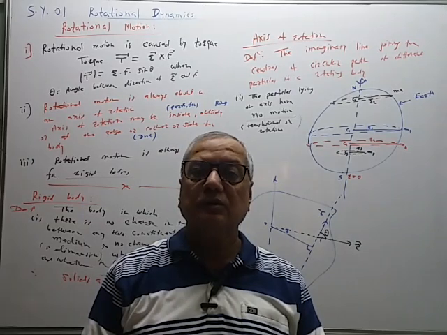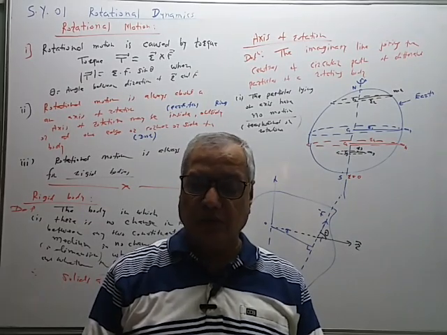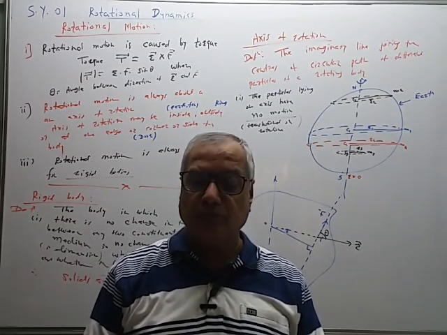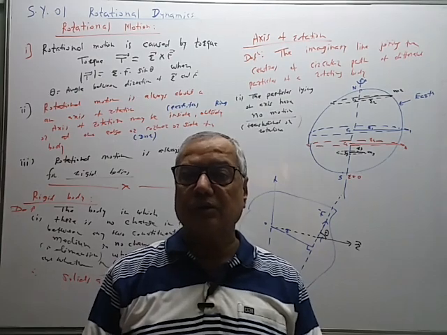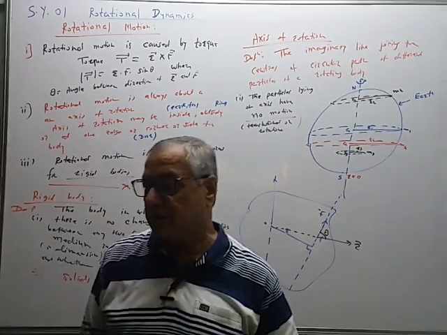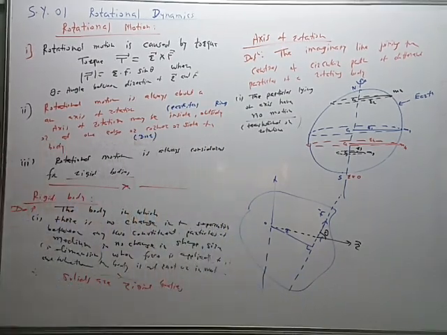So this is about the first group. Second group: particles not lying on the axis of rotation. They have very important properties. So let us see them separately.